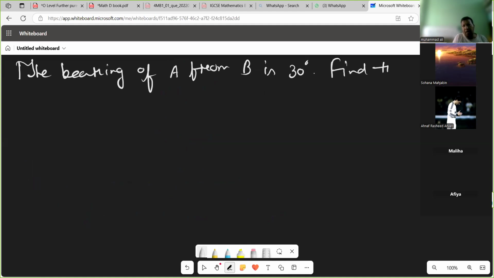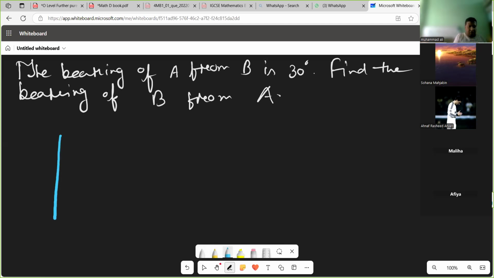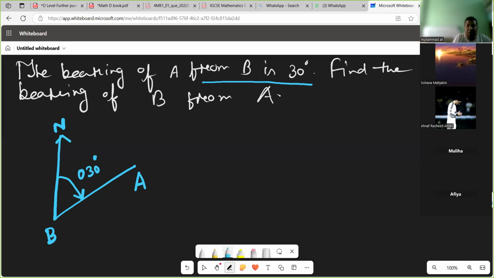Find the bearing of B from A. At first, when you think about bearing, start from north. Bearing of A from B means you have to draw the angle at the point of B, starting from north and clockwise rotation. So it will be 30 degrees, that means 030 degrees.